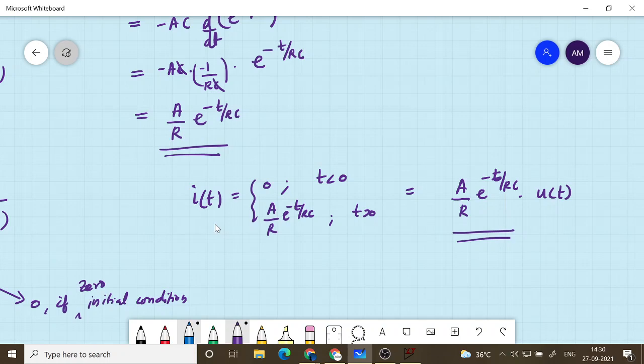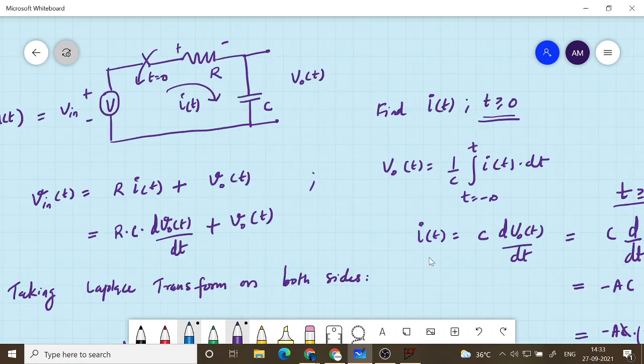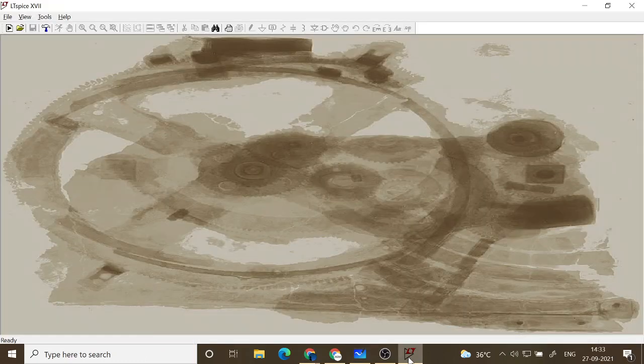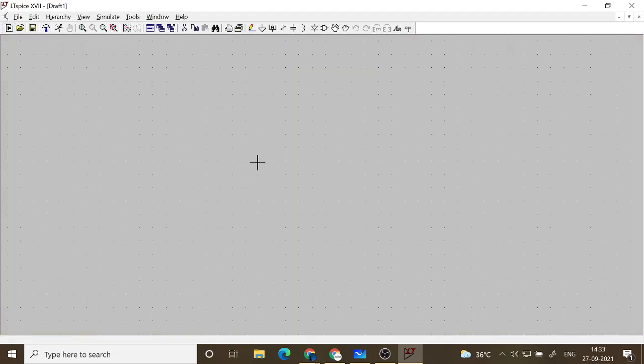All right, so now let's go to today's experiment. This experiment is basically an extension of the last experiment. Last experiment we had a first order circuit. Now we will go back to our RLC series circuit. So again we start with opening a new file, and then build the circuit.